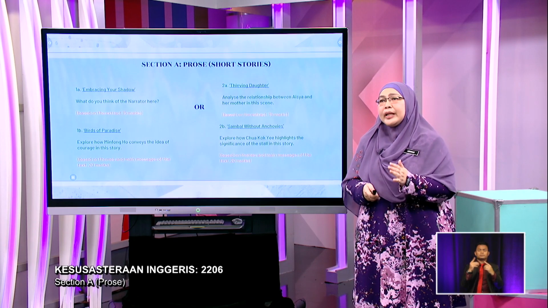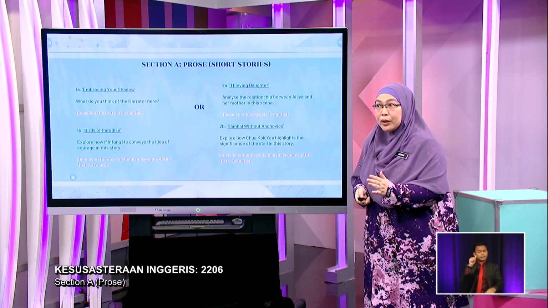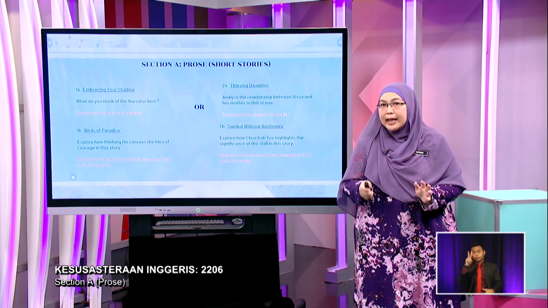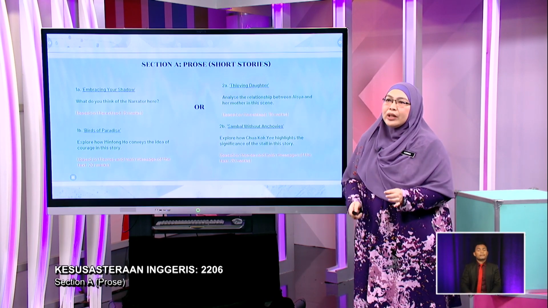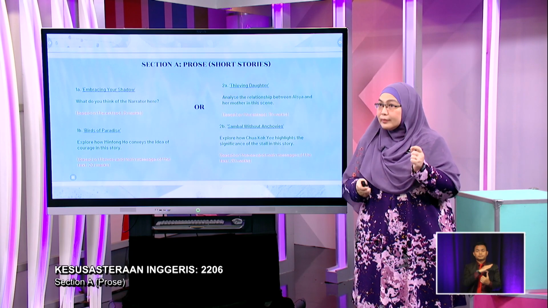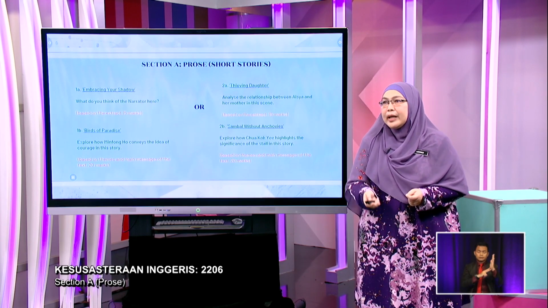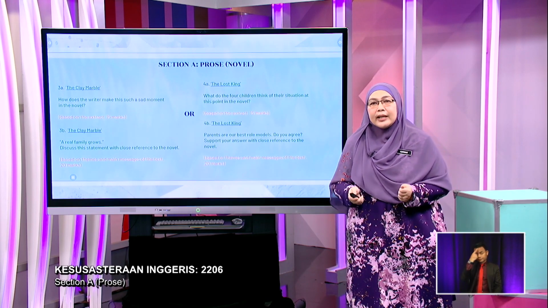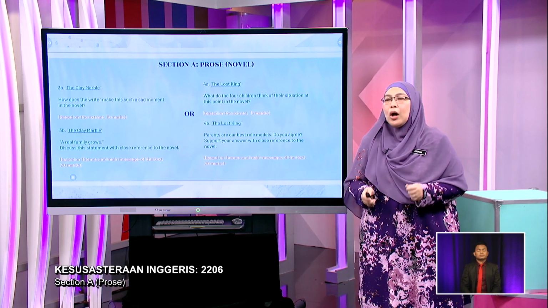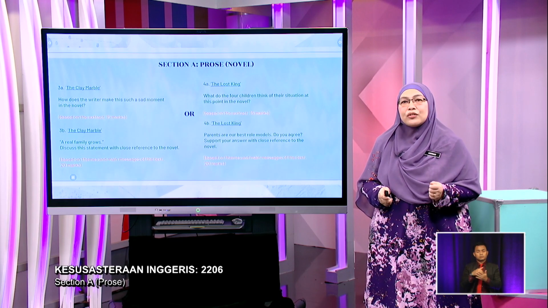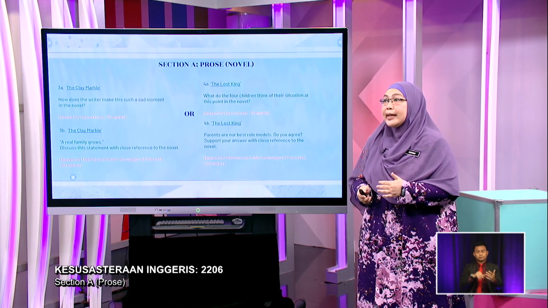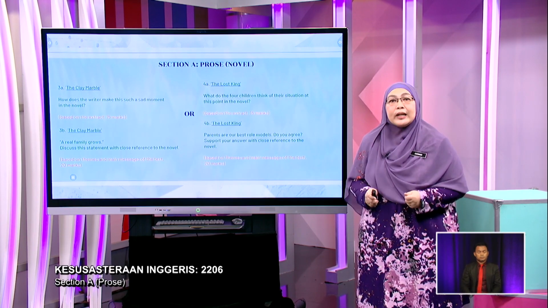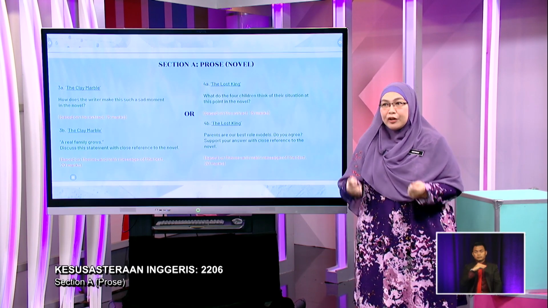Am I going to do 1A and B, or am I going to do 2A and B? Decide, make the choice, read through the question, and prepare. Likewise, for novel, candidates going into the exam hall already know whether they are going to answer based on Clay Marble or The Lost King. So they're going to zoom in and quickly prepare for their response.